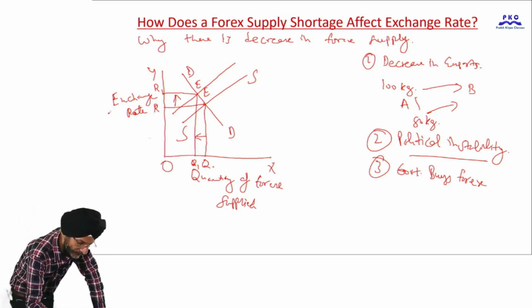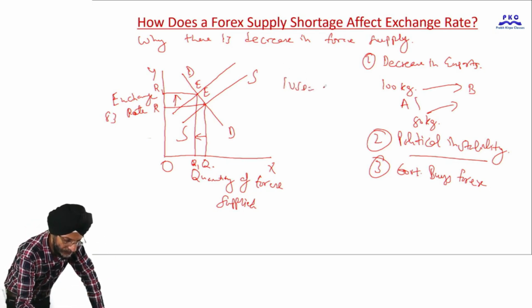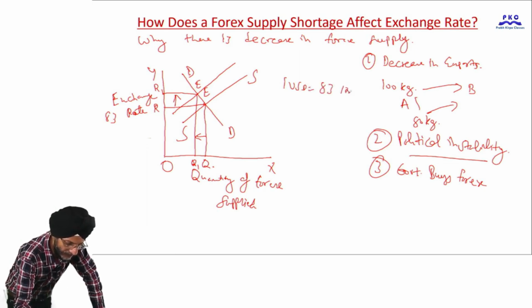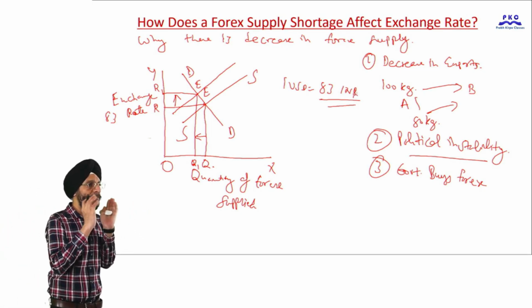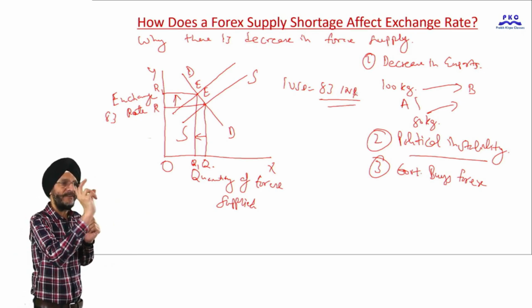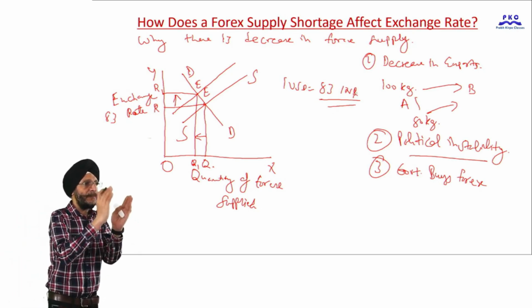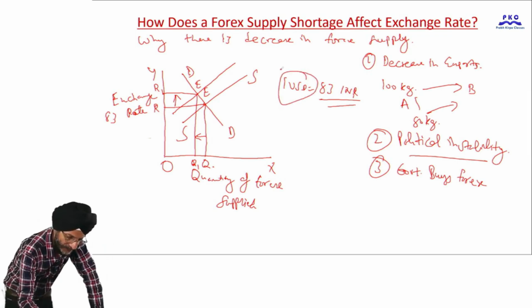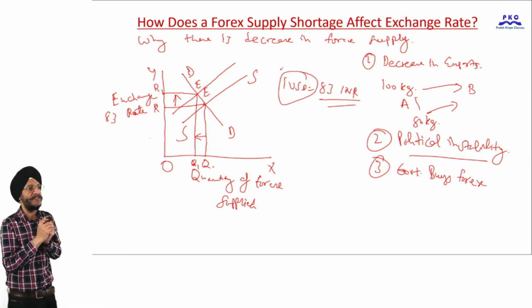Earlier say the exchange rate was 83. We are supposing here the example of $1 is equal to 83 INR. It means that to get $1, the people living in India will have to pay 83 Indian rupee. But when the supply of US dollars has decreased, exchange rate has increased.